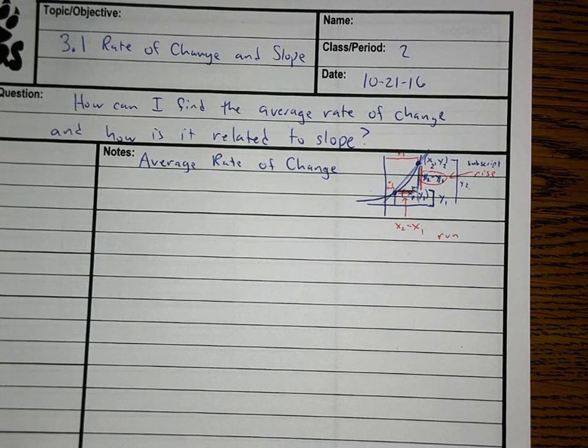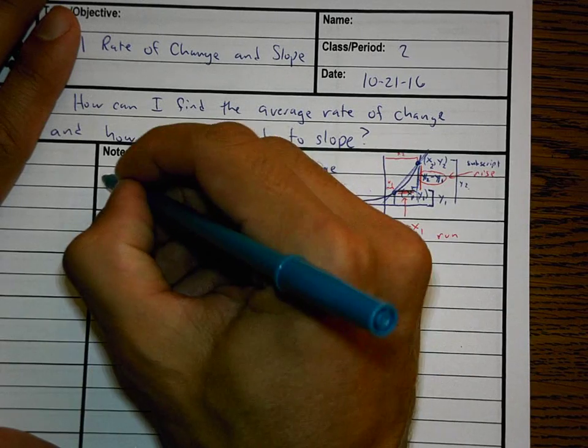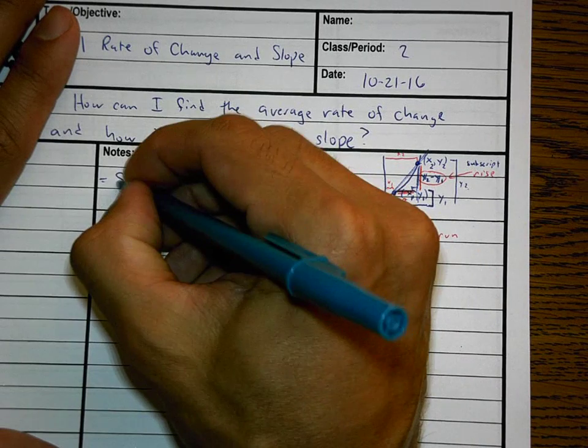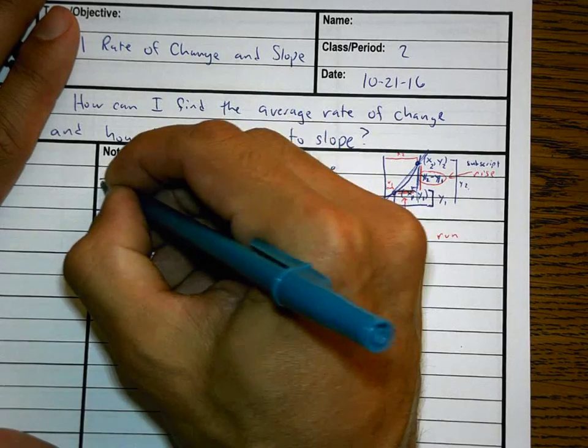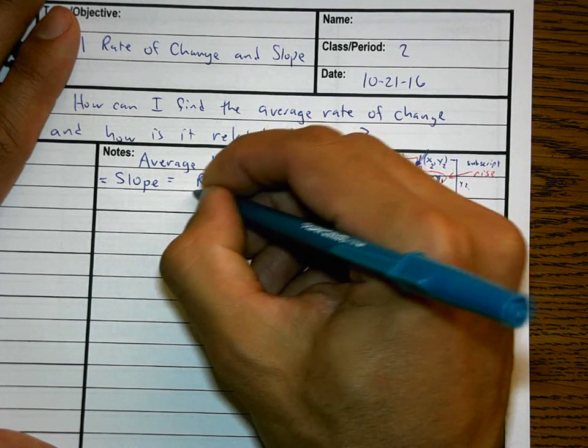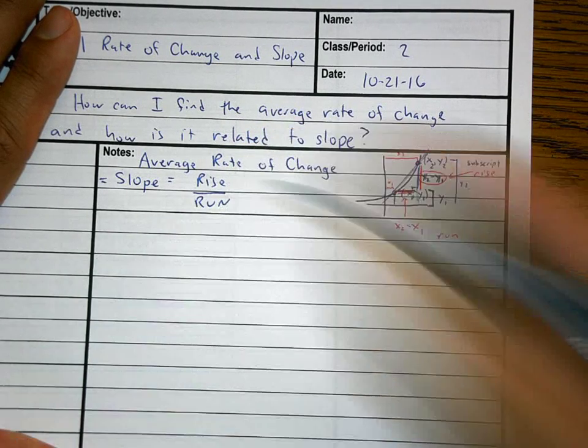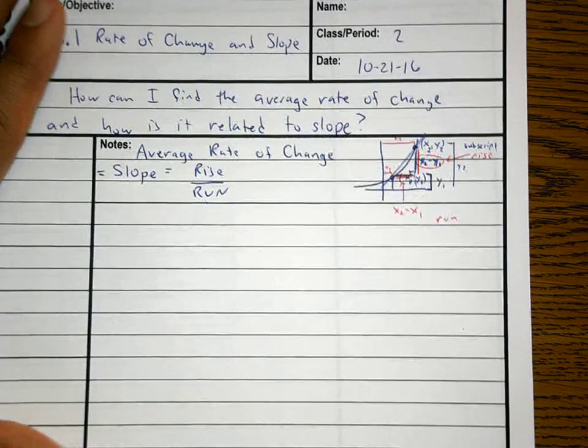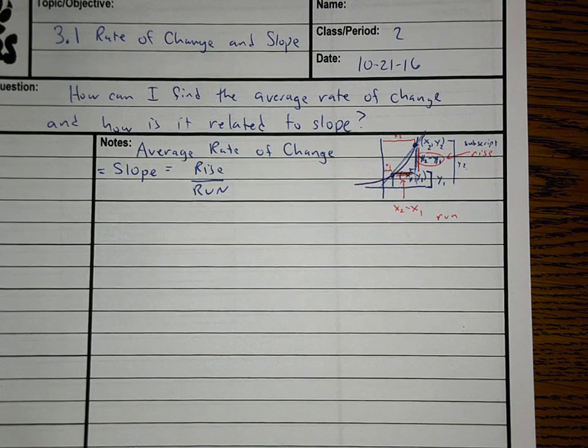That is a super complicated way to say what we're going to find is the slope. The average rate of change is also known as the slope, which is equal to the rise over the run. In higher level math, we have a formula for the slope.